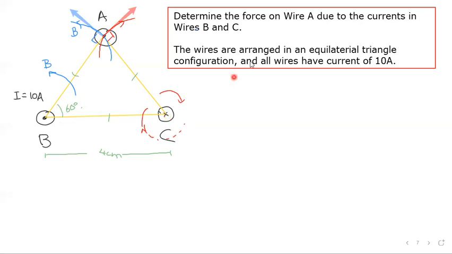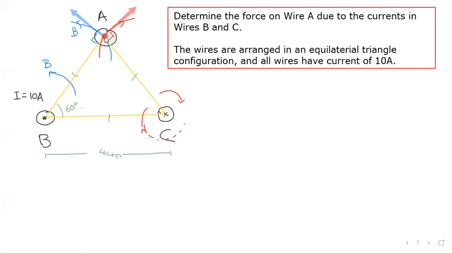To work out the force on YA, which it will experience because it's in a magnetic field and carrying current, we firstly need to work out the magnetic field at YA. We need to work out the magnetic field from YB and the magnetic field from YC and add them together. So that's our first step here.